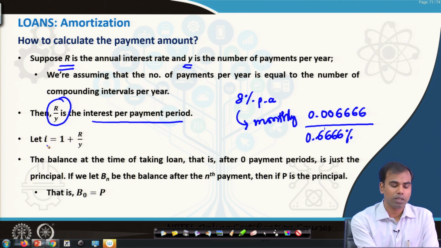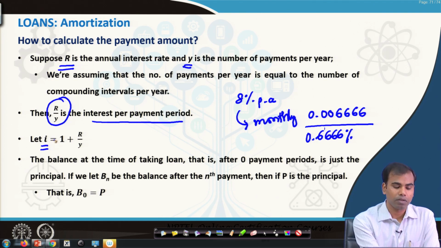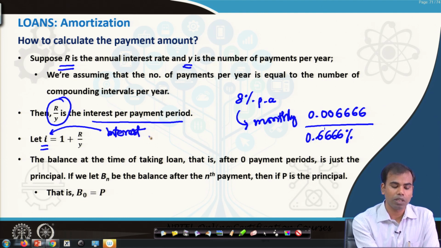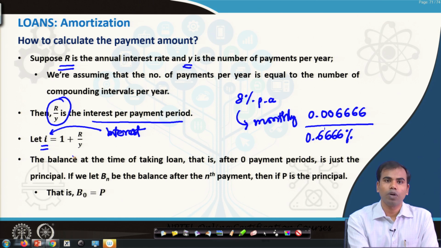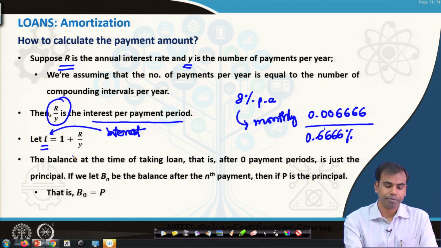Here this interest factor, which is given as I, is basically 1 plus R by Y.